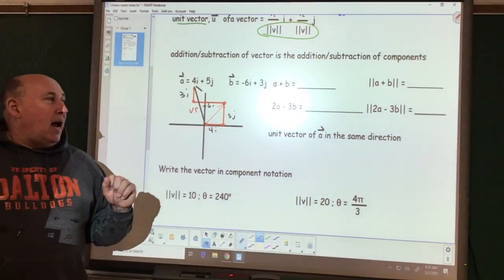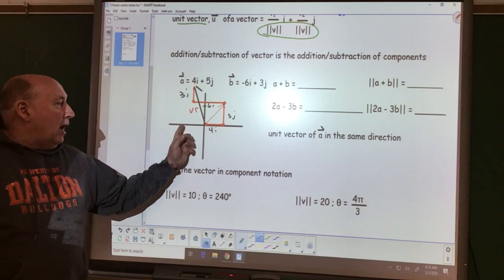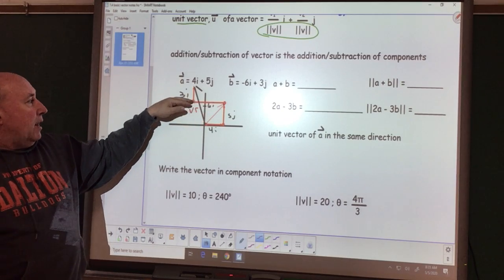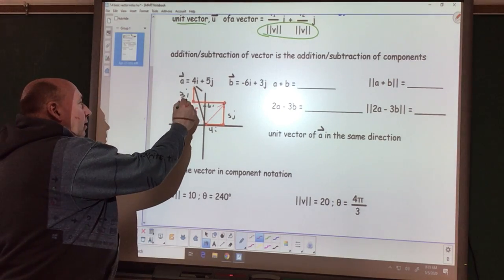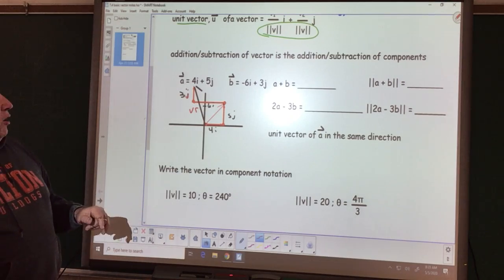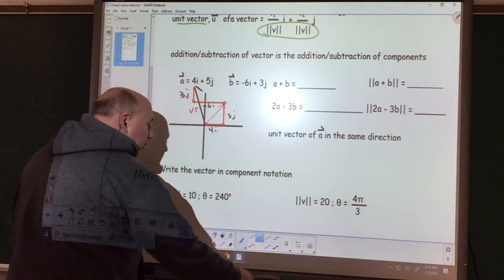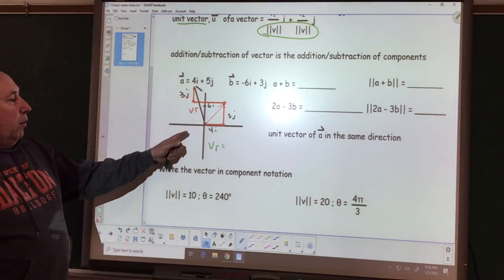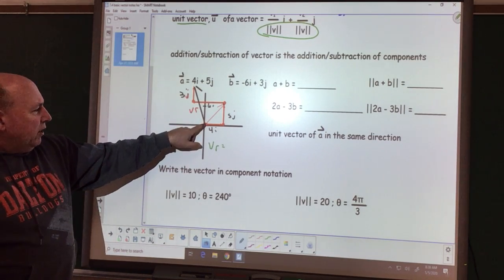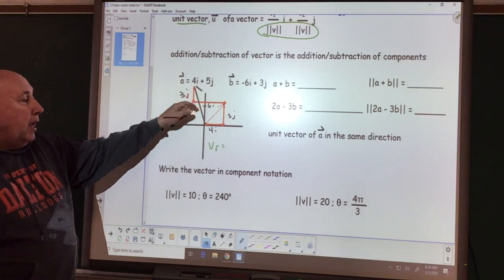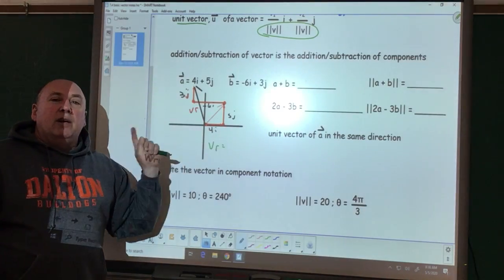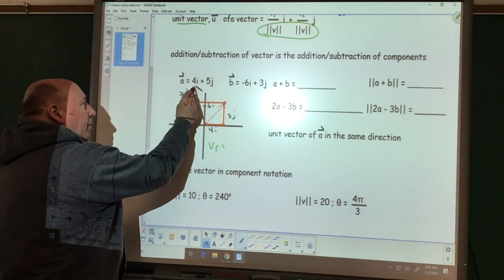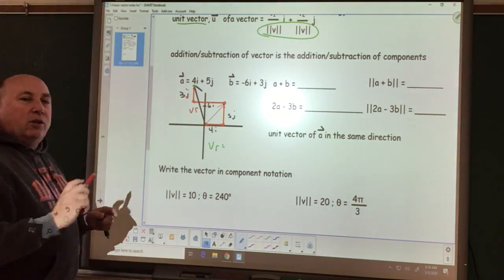Well, let's take a look at what we've done. We've gone out 4 in the I, and we've gone up 5 and then up 3. If I take a look at my resultant vector, if I started here and ended up here, how many units did I go horizontally?